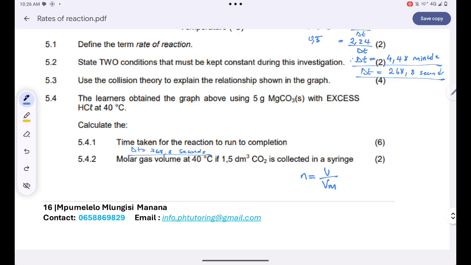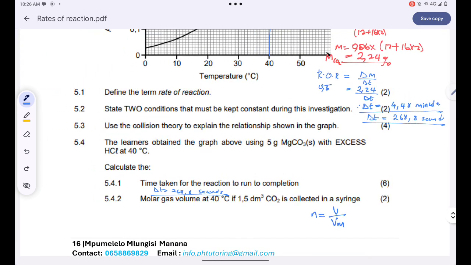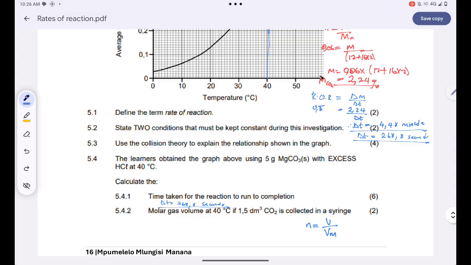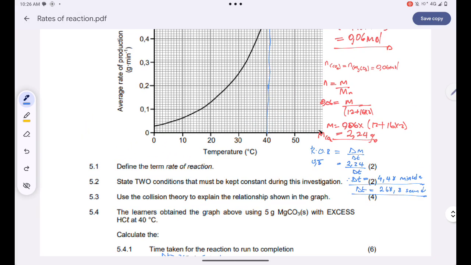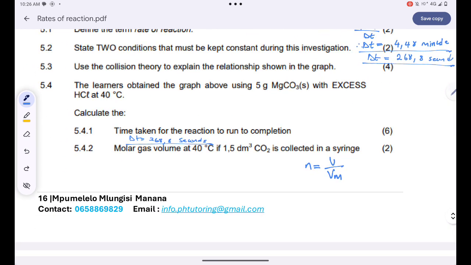Are you together? But the number of moles of carbon dioxide that were formed at 40 degrees, we calculated them to be equal to 0.06. Are you together? So that's 0.06 being equal to the volume of my gas that was collected, 1.5, all over the molar volume of a gas.